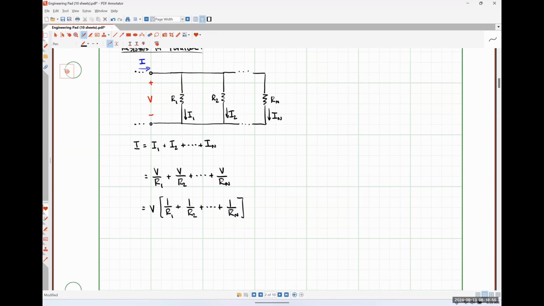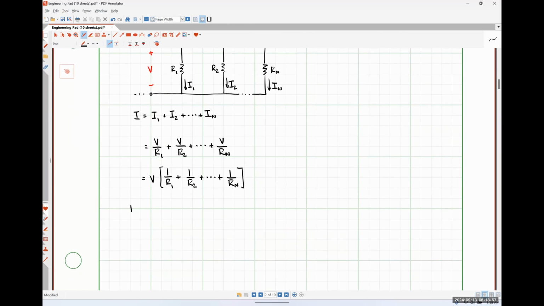Once again, the equivalent resistance of our network is nothing more than the voltage drop across the terminals of our network divided by the total current flowing into our network. And we can see that that's going to come out to 1 divided by the sum of the reciprocals of our resistances.